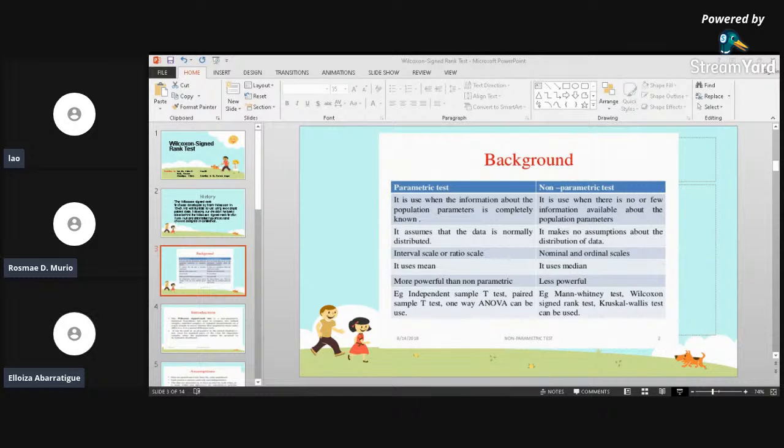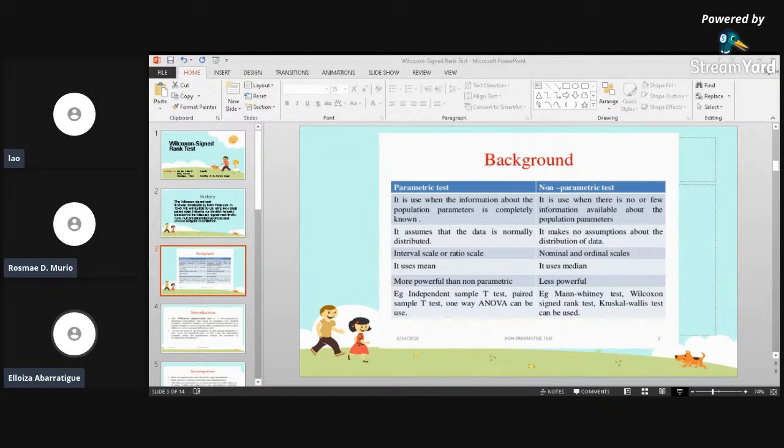Next is the assumption: it is assumed that the data are normally distributed, on an interval scale or ratio scale. It uses the mean and is more powerful than the non-parametric. The independent sample t-test, paired sample t-test, and one-way ANOVA can be used.